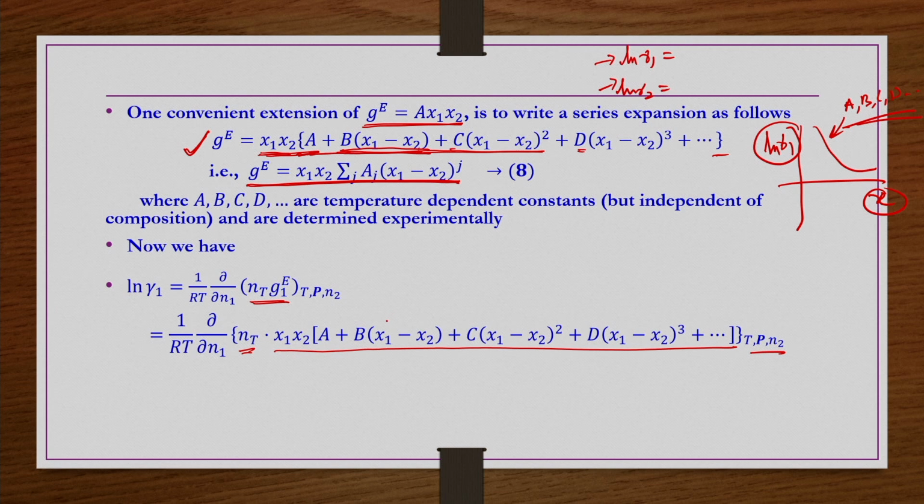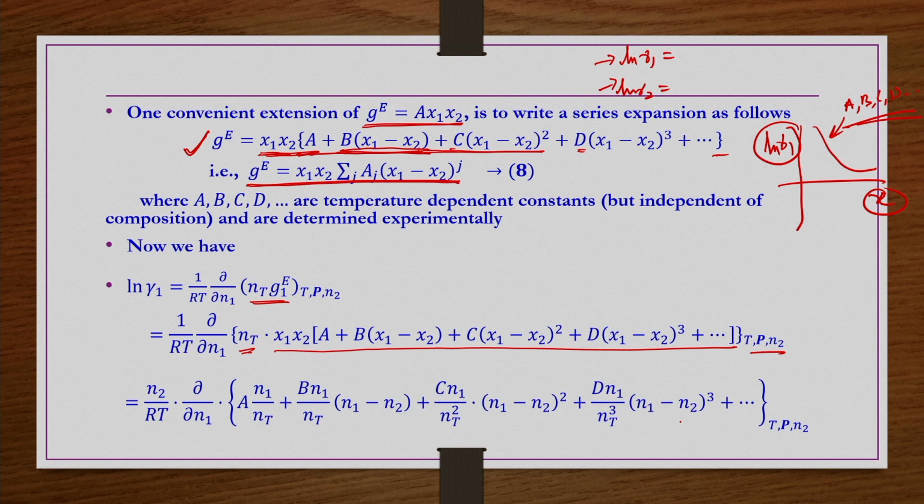Now here this x1, x2 etc. you replace by N1 by NT, N2 by NT etc. and then simplify, then you can have this kind of form. Now this one you differentiate all these terms with respect to N1 and then simplify, like in the previous case of 2 suffix Margules equation you have done. So then you get the additional terms here.